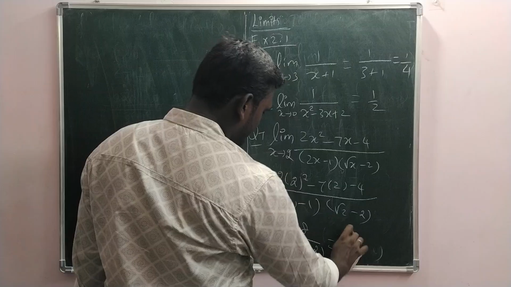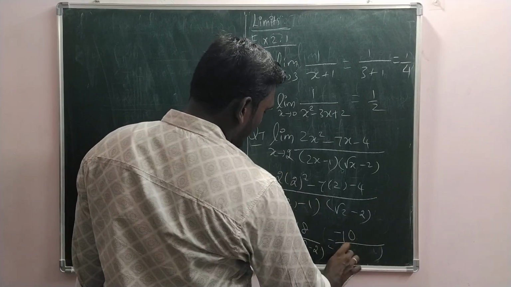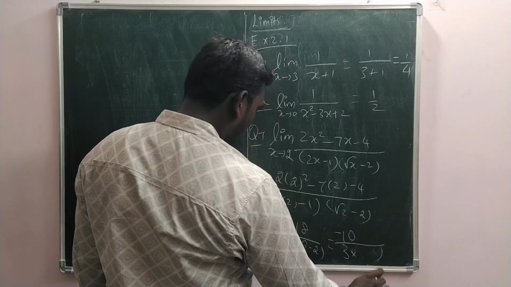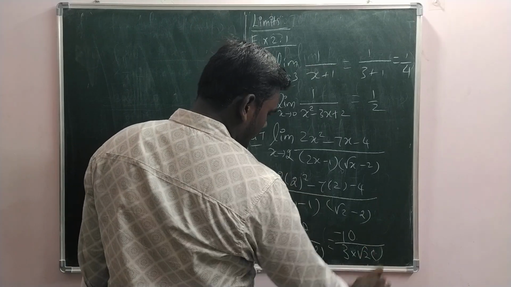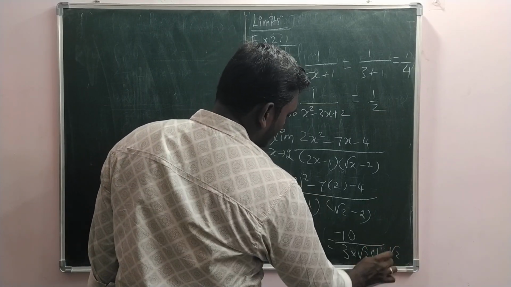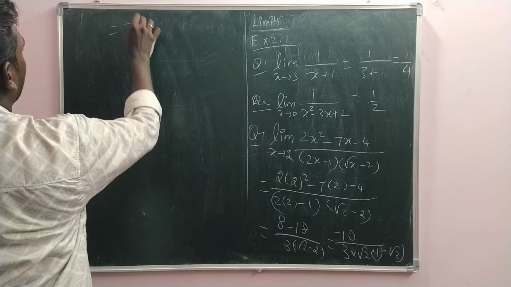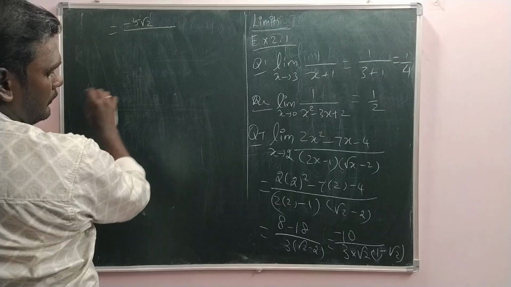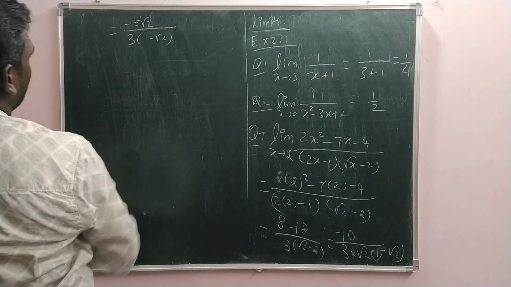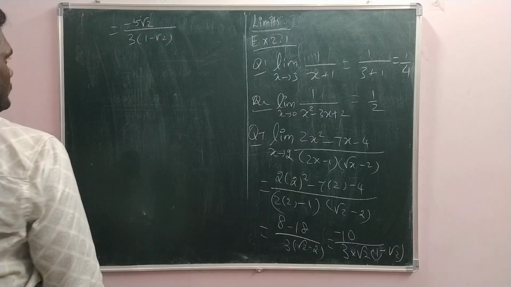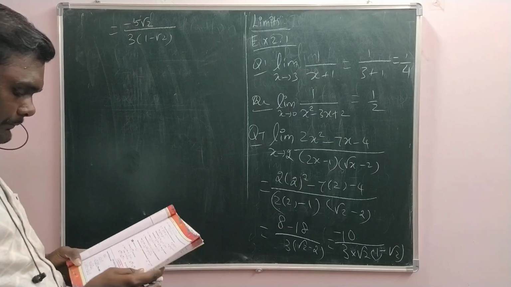Then what is it? No, minus 10. Minus 10 by 3 into, here we can take root 2 as common. Then this is 1 minus root 2. Then we'll be getting minus 5 root 2 by 3 into 1 minus root 2. Like that we'll get the answer. That is it. If you want, we can rationalize the denominator.